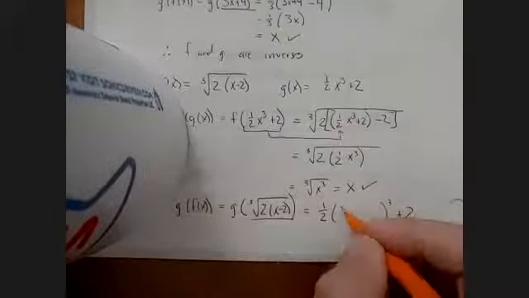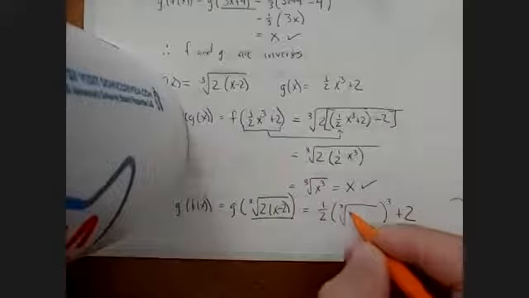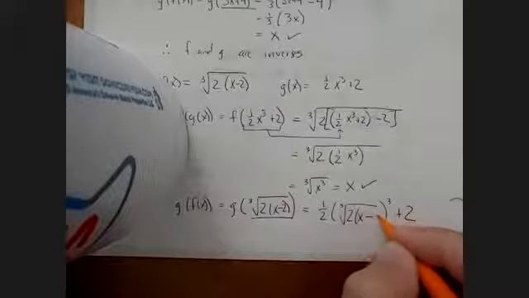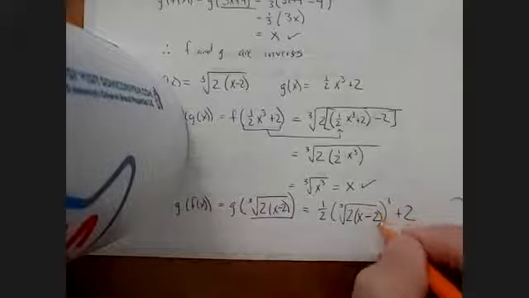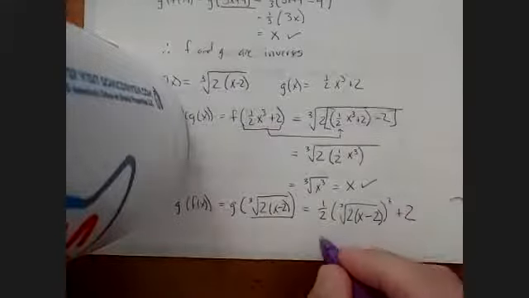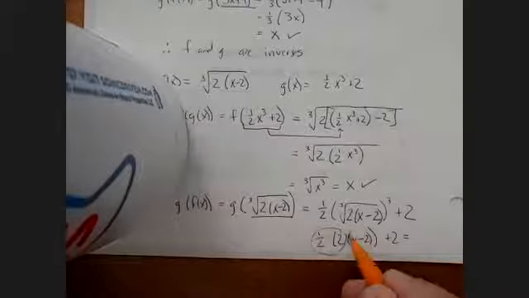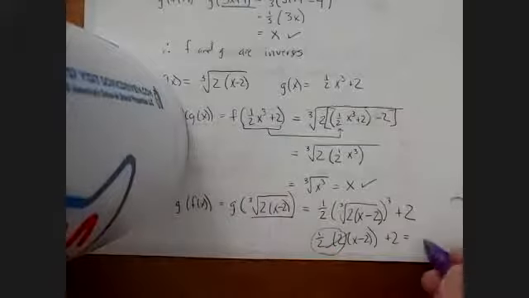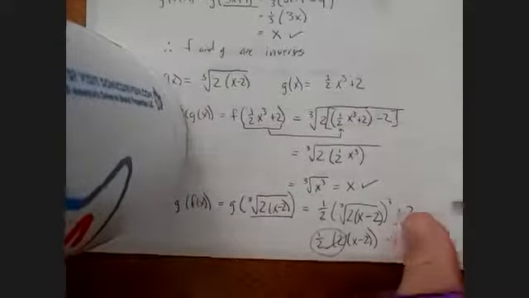Well, but I want my input to be this complicated cube root of 2 times x minus 2, like that. So if I cube the cube root, that cancels each other out, and that leaves me with 2 times x minus 2. The 1/2 and the 2 cancel each other out, and then x minus 2 plus 2 gives me x. So again, g of f, f of g, you've got to show both of them in order to prove that they are inverses.